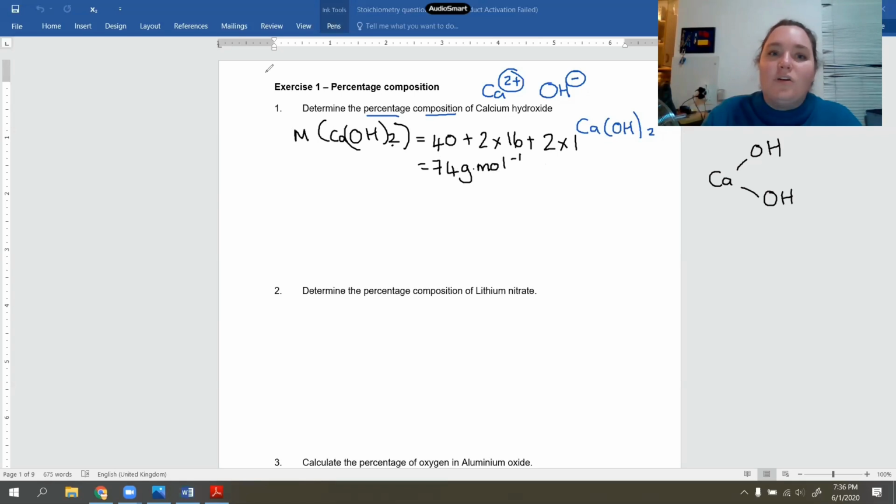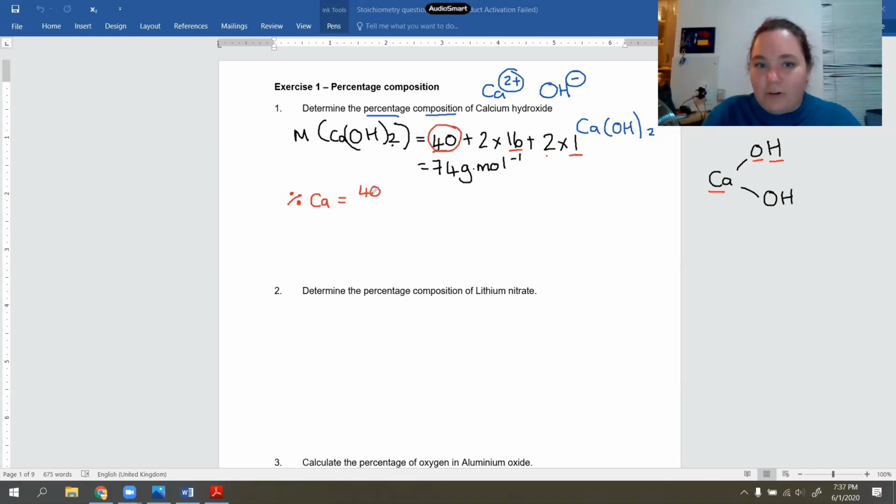Now, if I look at this, I can see that there are 3 different elements here. There's calcium, there's oxygen, and there's hydrogen. I, in fact, had to use that to work out what all of the different parts were that contributed to the molar mass. So if I want to work out the percentage that is calcium, I can now go back and say, of the 74, that bit was calcium.